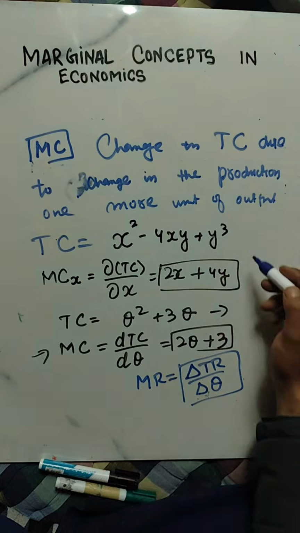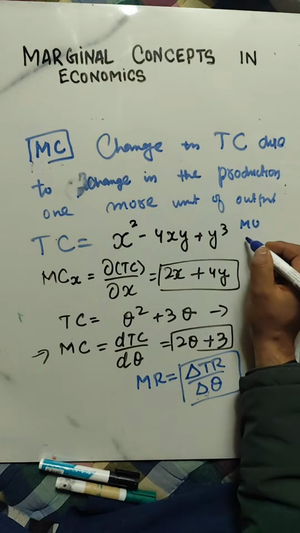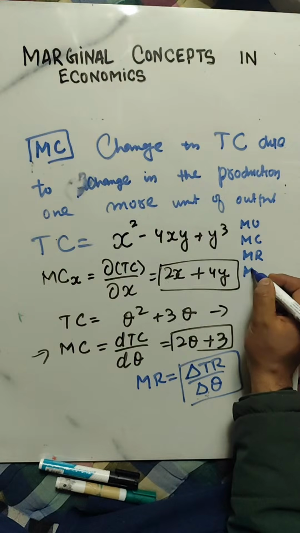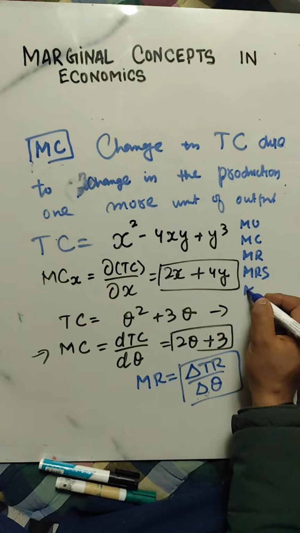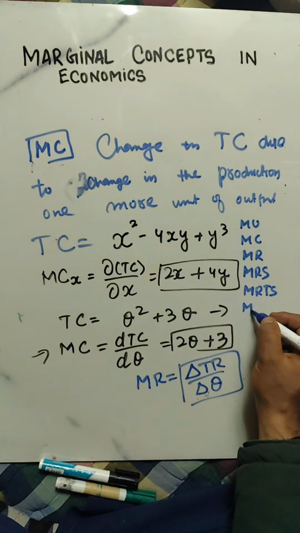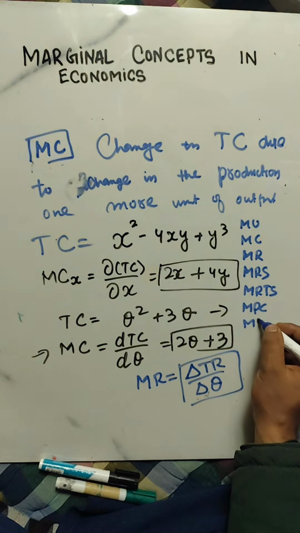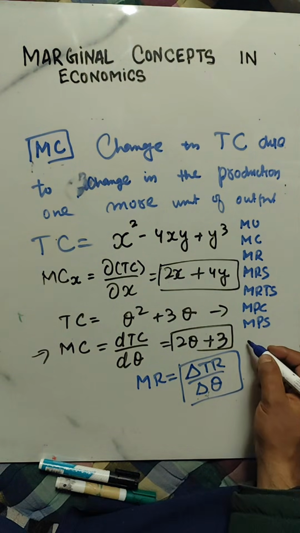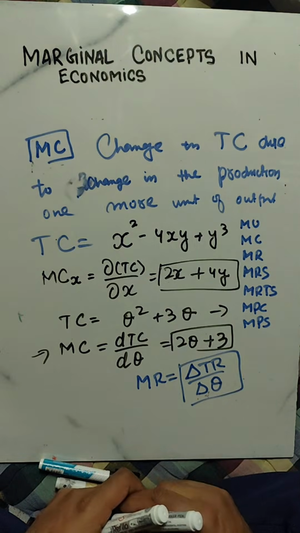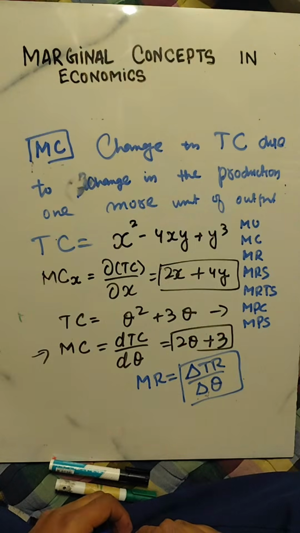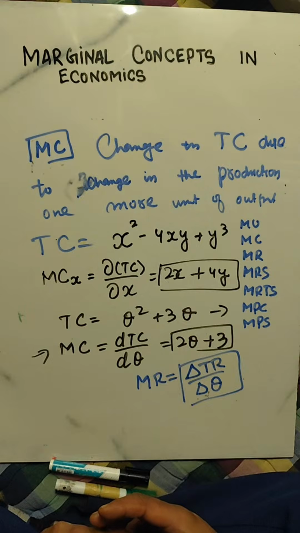So we have the marginal utility, marginal cost, marginal revenue, marginal rate of substitution, marginal rate of technical substitution between two goods. We have marginal propensity to consume, marginal propensity to save. Then I cannot remember any other things. So this was a gist of the marginal concepts in economics.